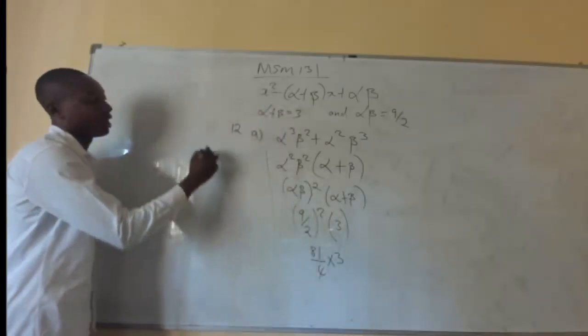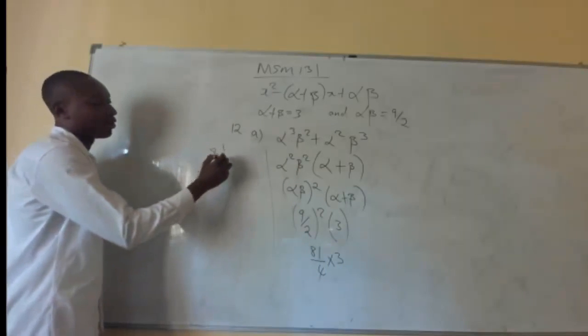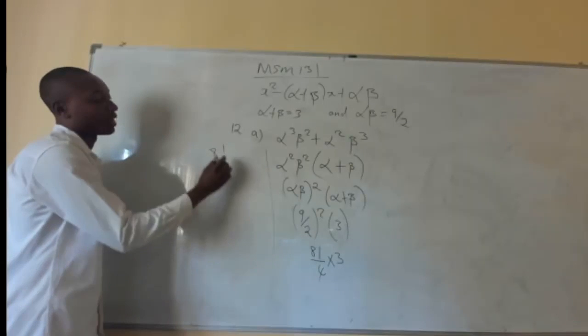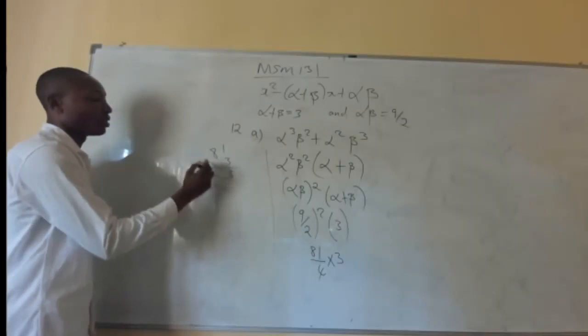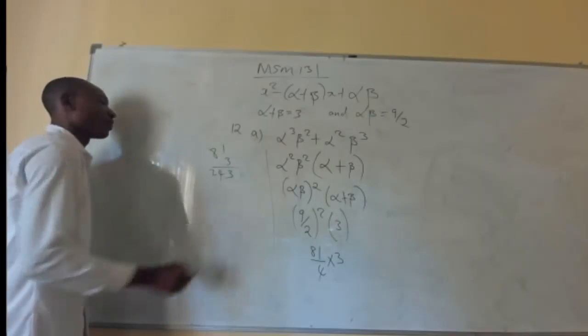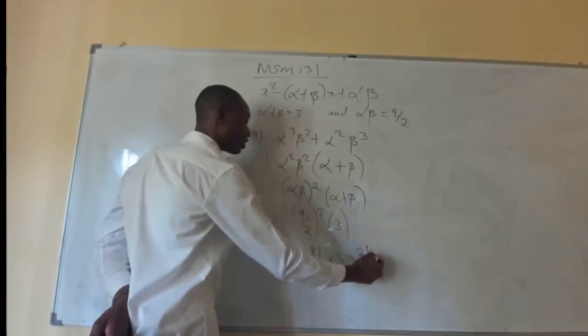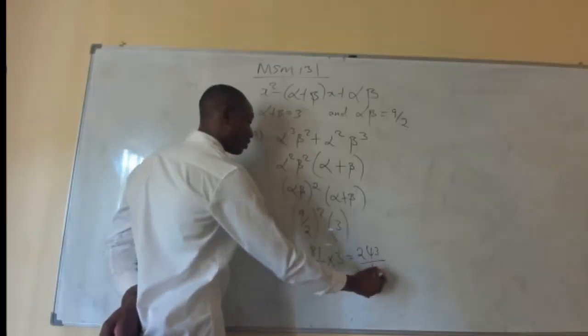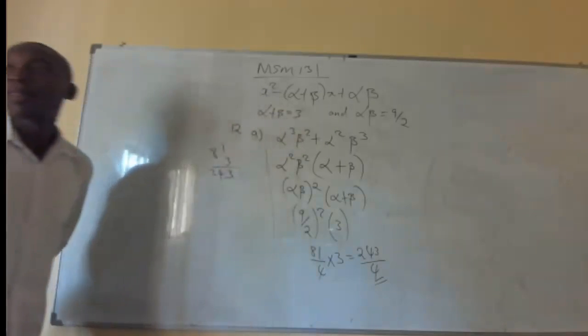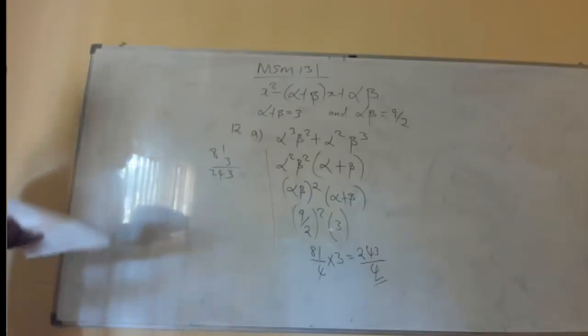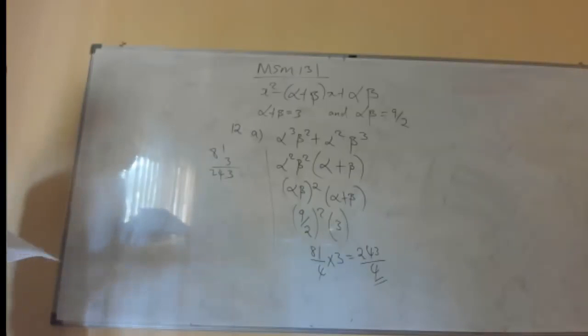Then we are looking for 81 multiplied by 3. So this is 243. So this equals 243 over 4. Okay, so that's 243 over 4.